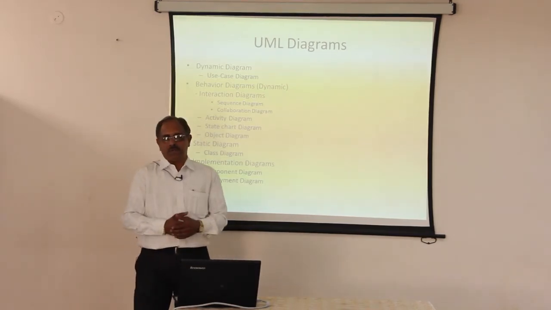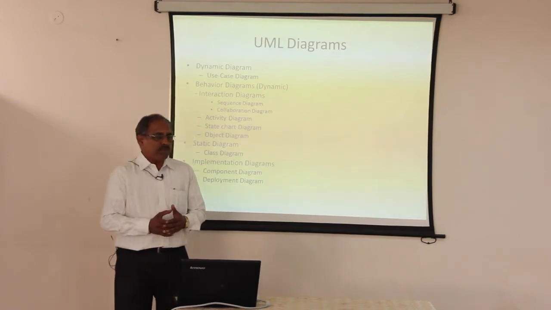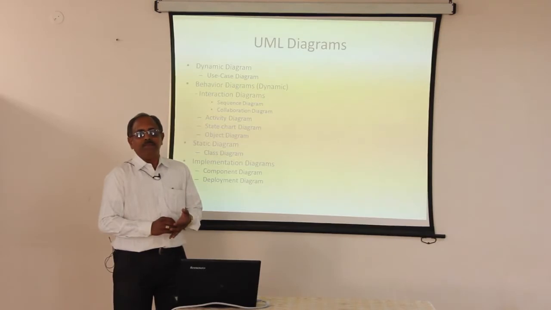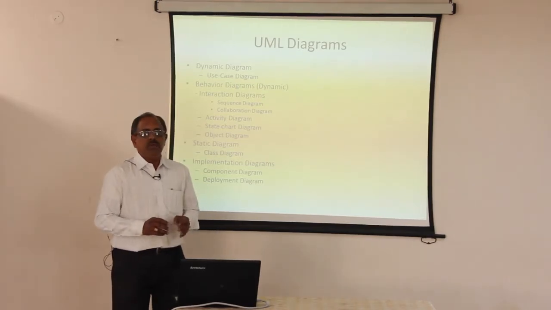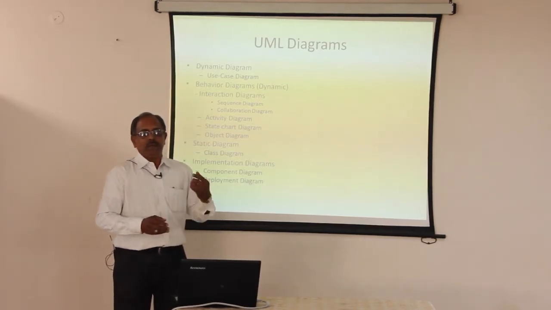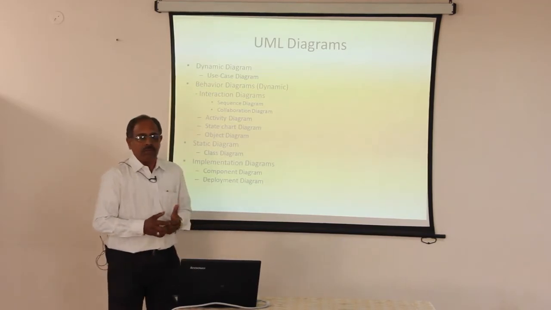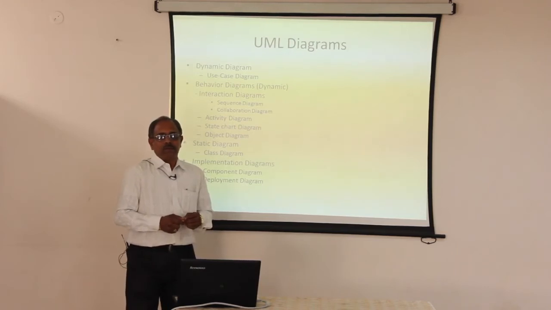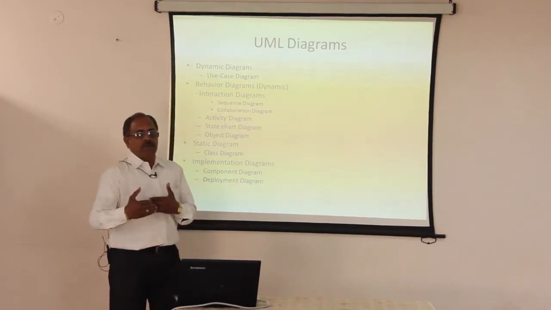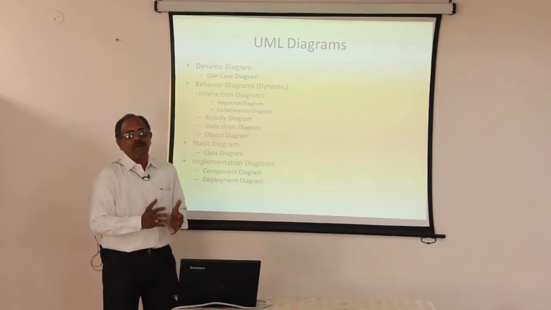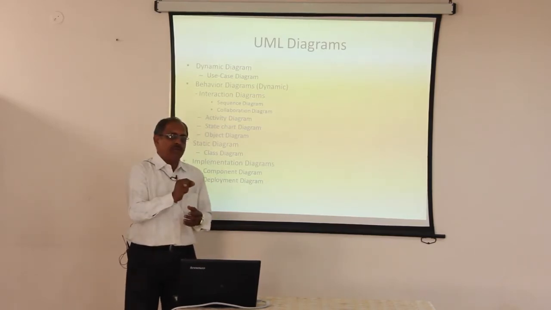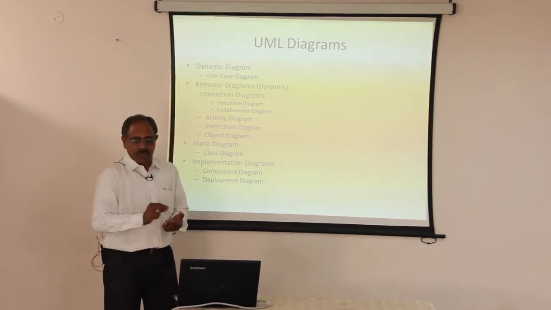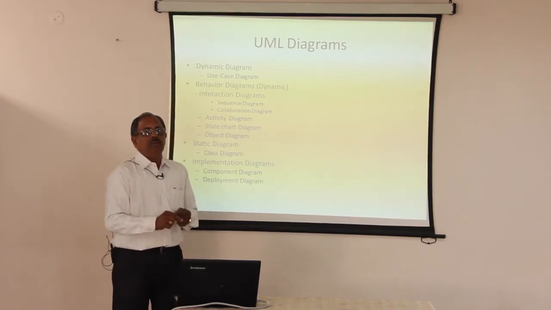Apart from these diagrams, we can also draw the data flow diagram and entity relationship diagram. And if we draw these diagrams directly without using a tool, there is no meaning. It is understood by the diagram drawing person only. To improve the understandability between the diagram drawing person, called the analyst, and the application developer, called the programmer, we need to have an automated tool.